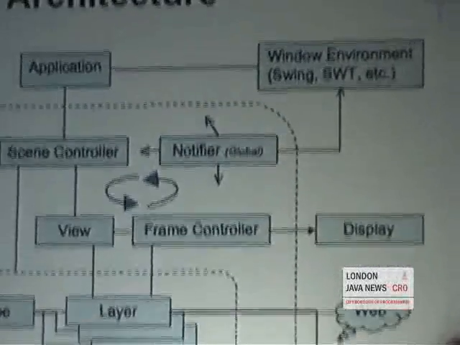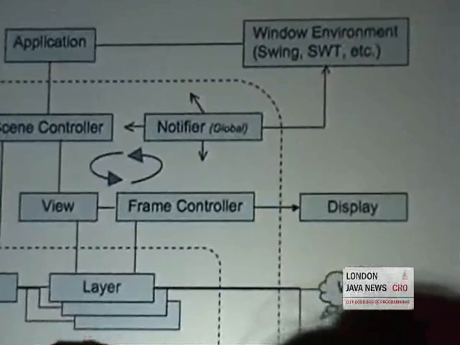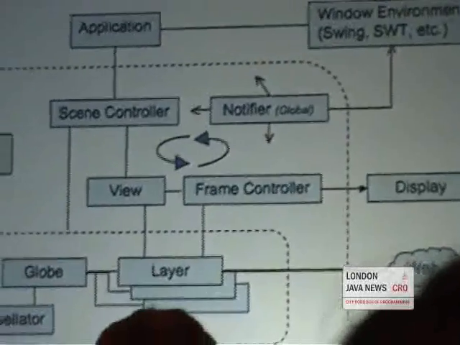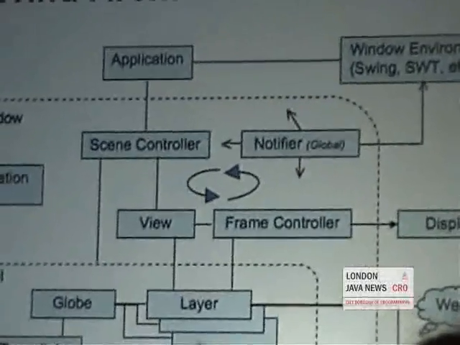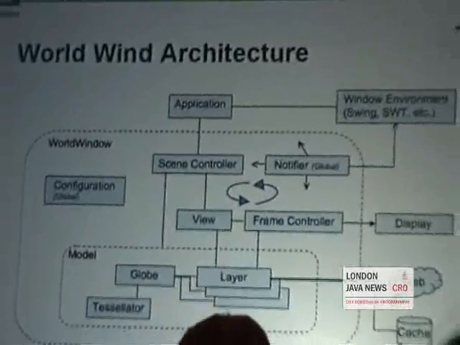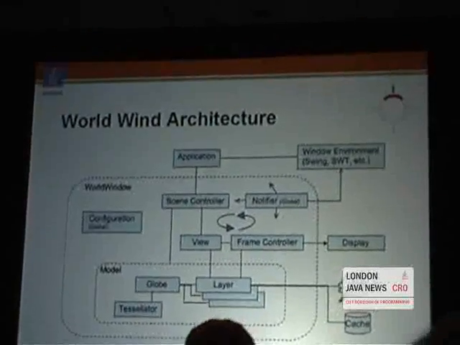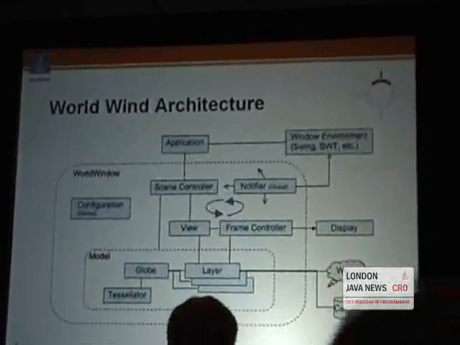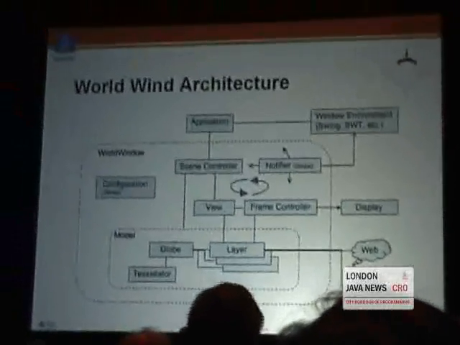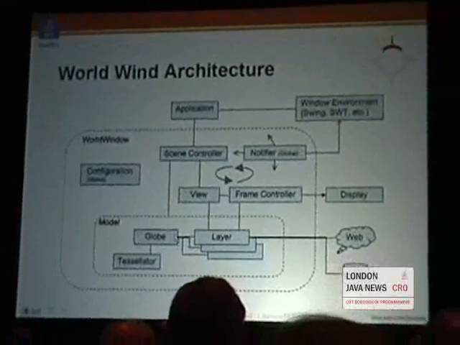Let's see, the model, as I mentioned earlier, encompasses the globe and all the layers you want to put on it. When we saw the globe, that imagery there, that's all a layer. As more imagery came in, there are separate layers. We just call them layers. That's the vernacular. The application typically interacts with a model. If it goes below WorldWind, it actually interacts with the model to create a globe. A globe need not be Earth.